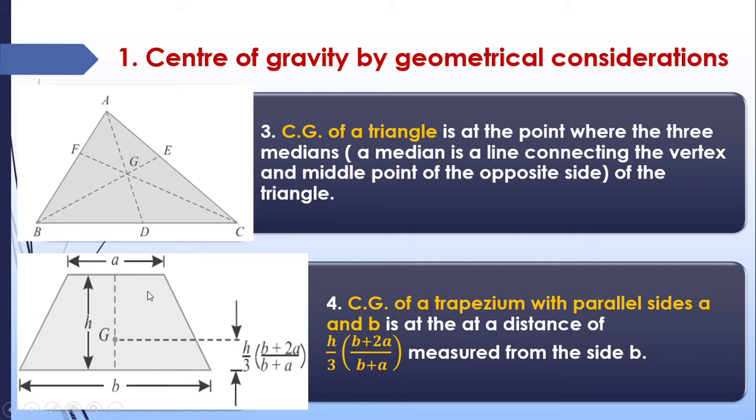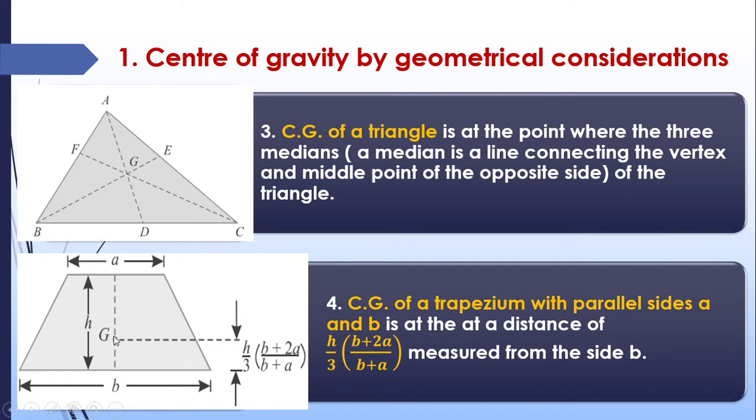That is known as a trapezium. In the case of a trapezium with parallel sides a and b, the CG is at a distance of h by 3 into (b plus 2a) by (b plus a), measured from the side b. So the CG will be lying at a distance from b of h by 3 into (b plus 2a) by (b plus a). This is already proved, so the proof is not necessary for you. This is the place at which the center of gravity of a trapezium lies.